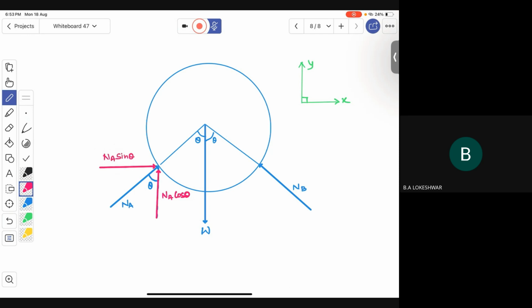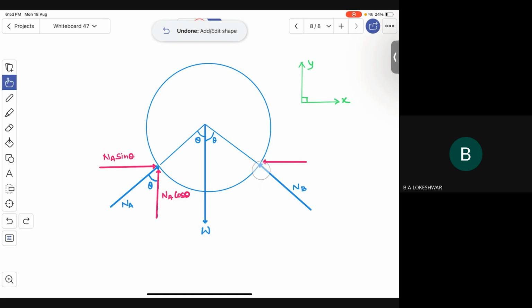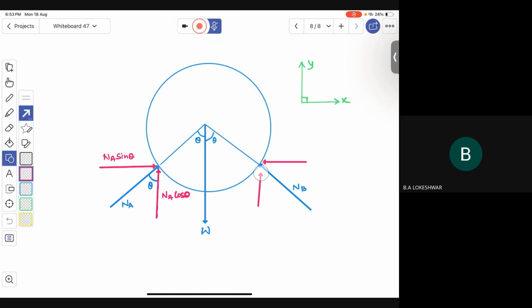In the same way, NB will have one component this way and another this way. So this will be NB cos theta and this will be NB sin theta, because this angle is also theta. And this is how NB is acting and this is how Na is acting.